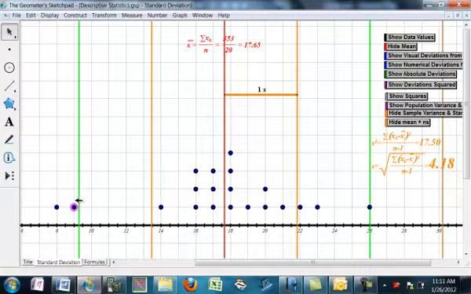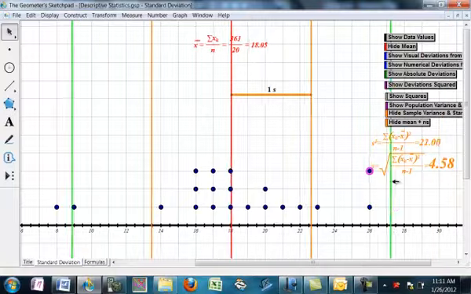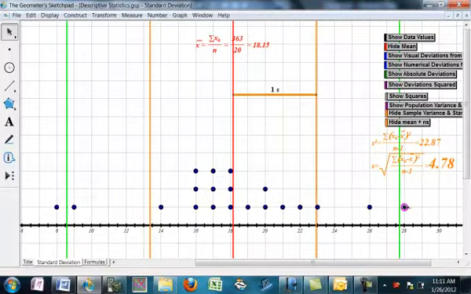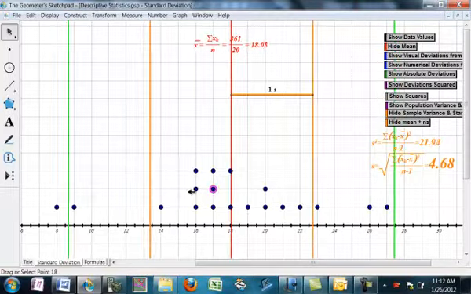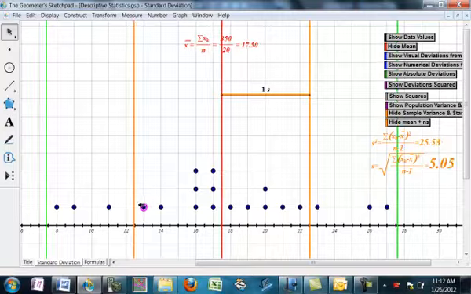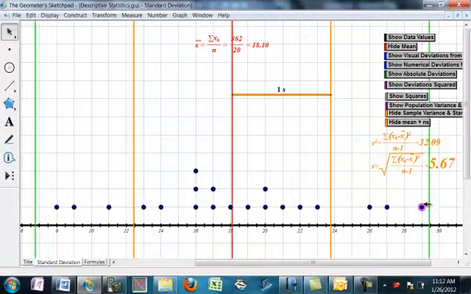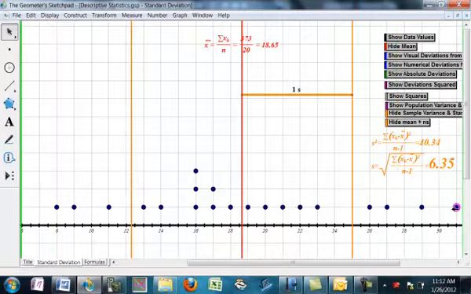So let's see what we can do here. What happens if I spread out this data a little bit more? What happens to the picture now? Well, within 1 standard deviation, now 1 standard deviation is much larger. 1, 2, 3, 4, 5, 6, 7.